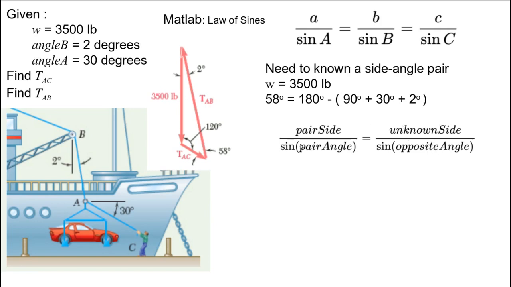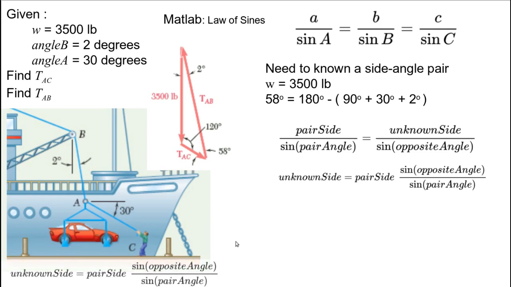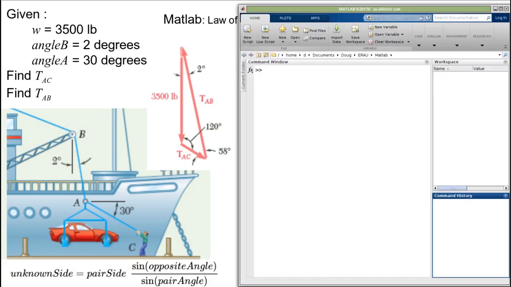We can rearrange this by multiplying both sides by sine of the opposite angle. And we get our unknown side equals our pair side times sine of the opposite angle divided by sine of the pair angle. So we'll stick this final information over here, and it's time to bring up Matlab.